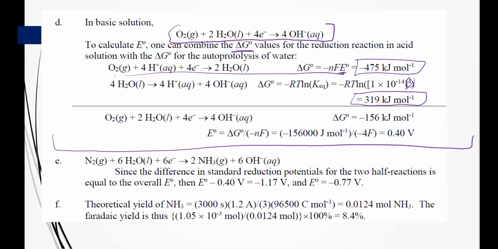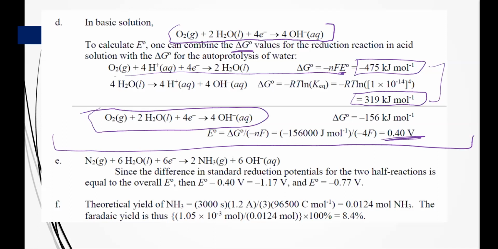Do you have any questions about how they got to delta G's from it? No. Yeah, and so once they had their delta G's, they just add them together because that gives us this reaction here. And so once they added them together, then they got their voltage.